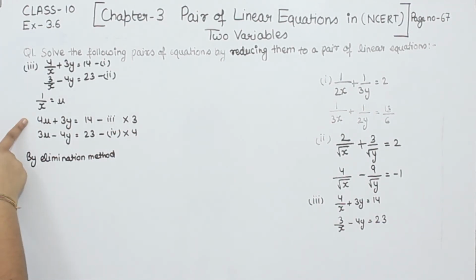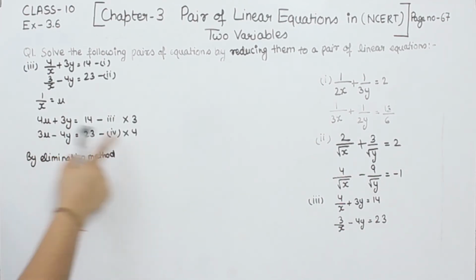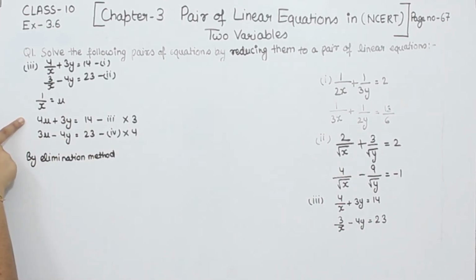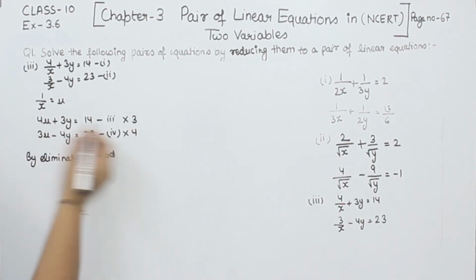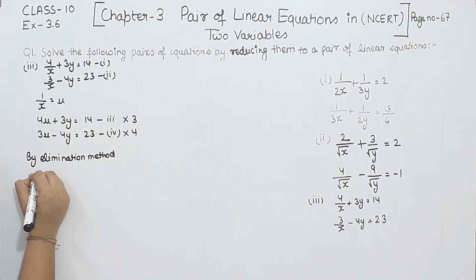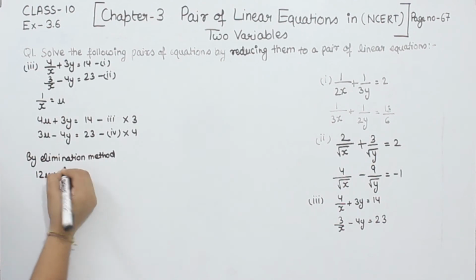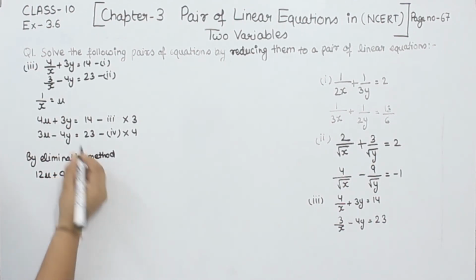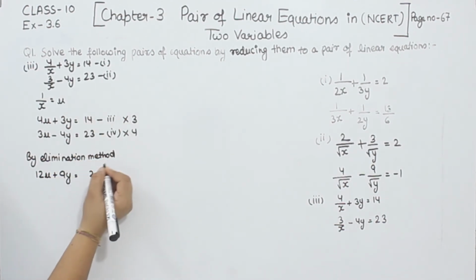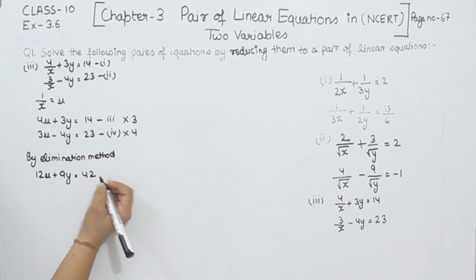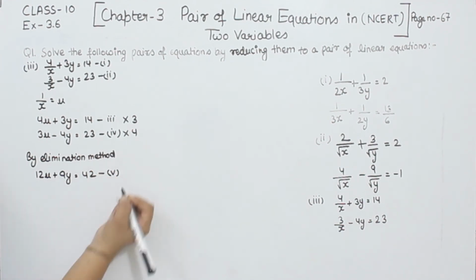Here in equation number 3, I am going to multiply by equation number 4's coefficient of the variable u, and this one by the coefficient of the variable u. So we are going to multiply the whole equation now. Here we are having 4 3s are 12u plus 3 3s are 9y, and 4 3s are 12, carry 1, 3 1s are 3 and 1, 4. This one we are having is equation number 5.